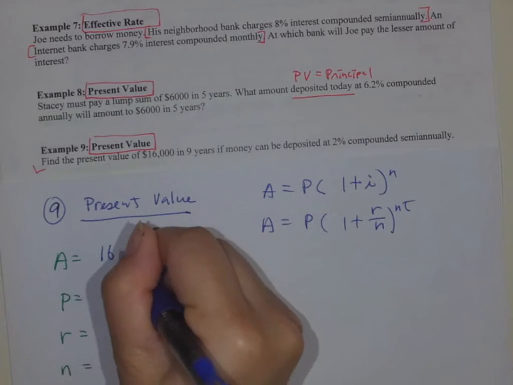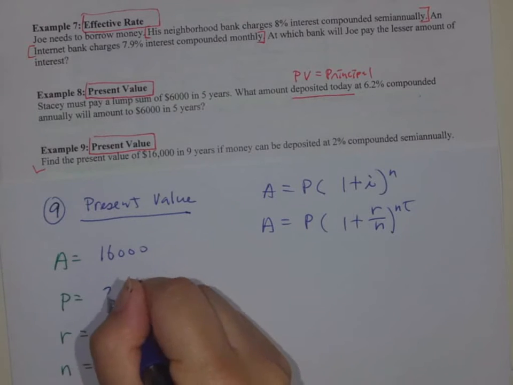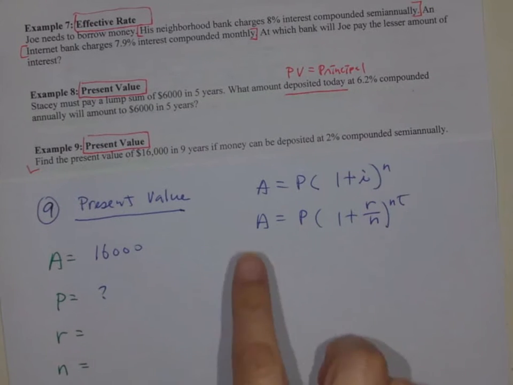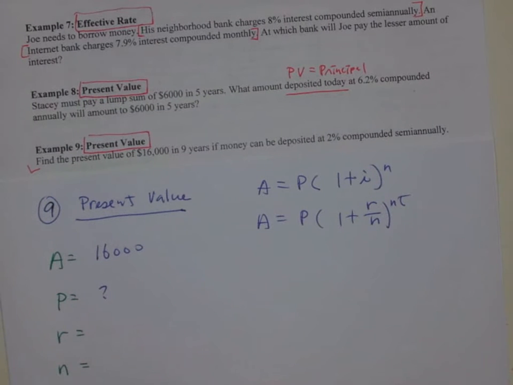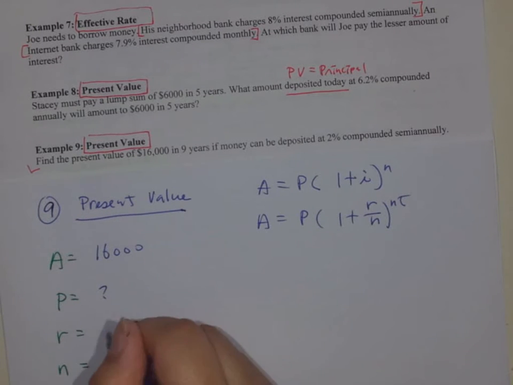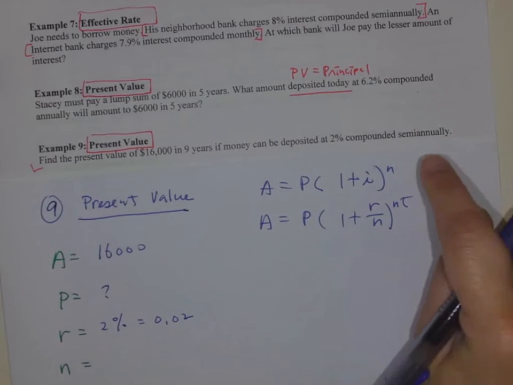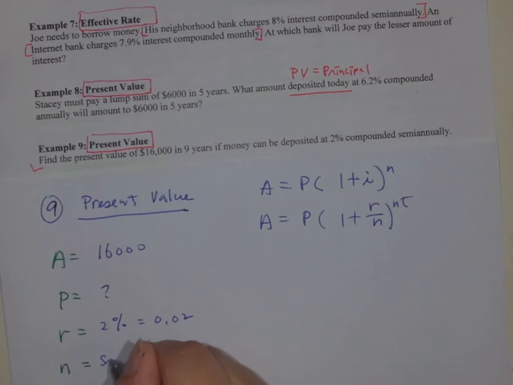So 16,000, and want to find the present value, so I don't know the present value. 9 years is my time, and the money can be deposited at 2%, which is my rate, 0.02, right? And semi-annually means what? 2 times a year.